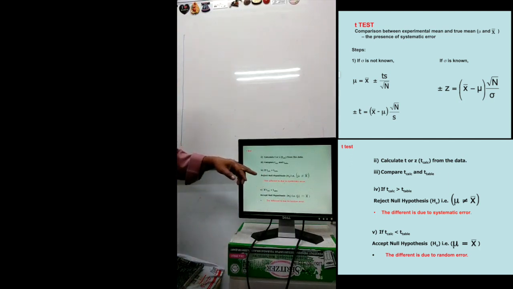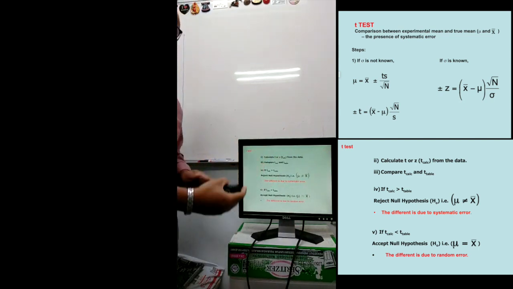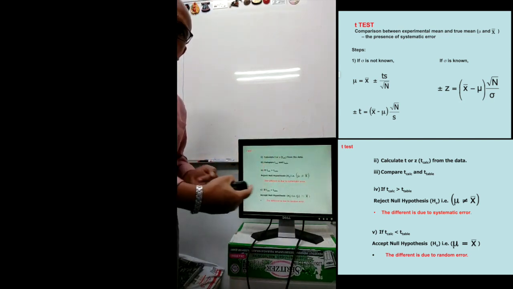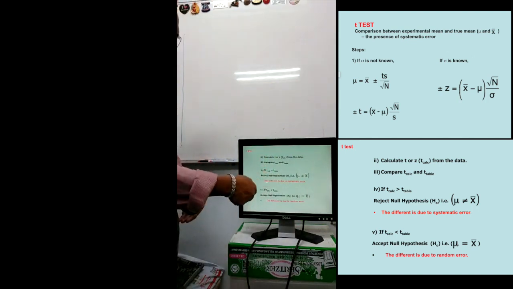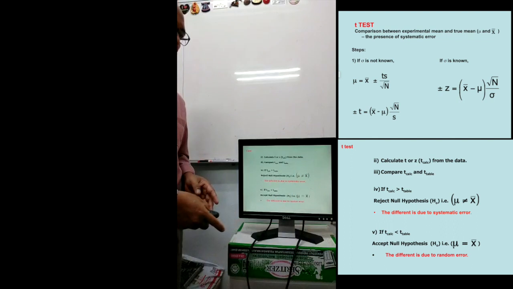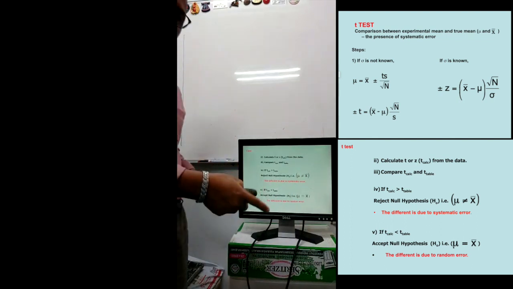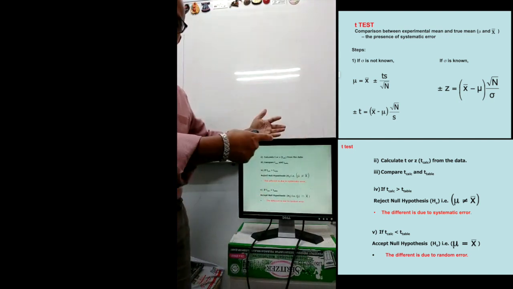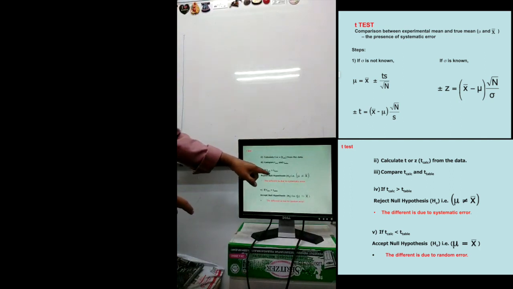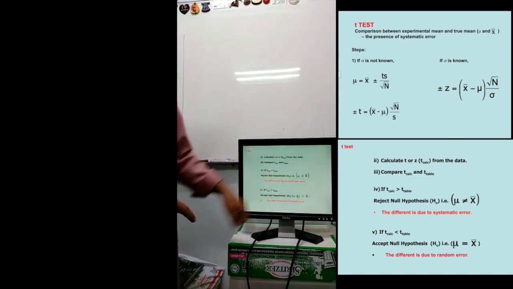For example, say HBB is a senior chemist and there is a newcomer, and we want to compare whether there is a significant difference or not. So we compare by using this. If our t calculation is higher than the t table, then we reject.